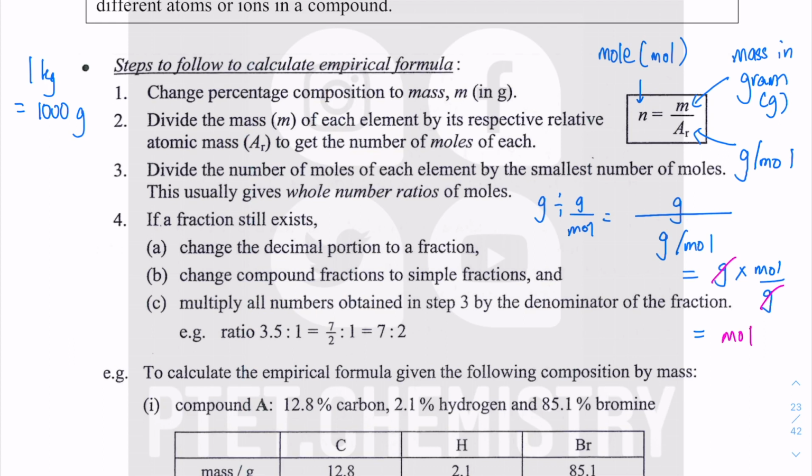Mass over AR or mass over MR equals mole. The mass is in gram, the AR or the MR is in gram per mole. I talk about AR because this is for the elements as given in the periodic table, but you also have MR.